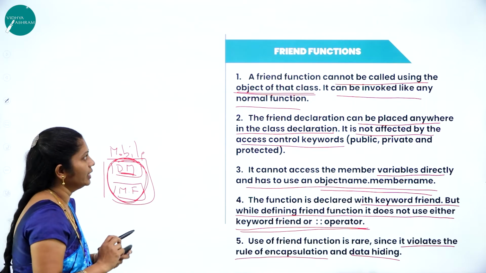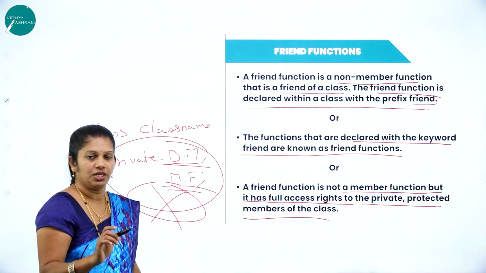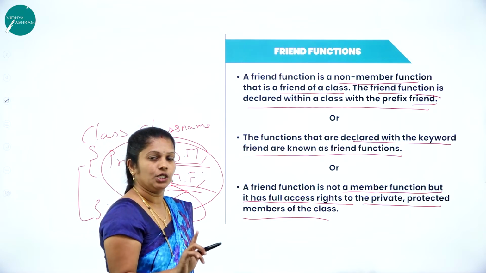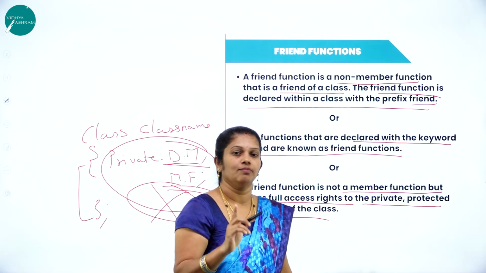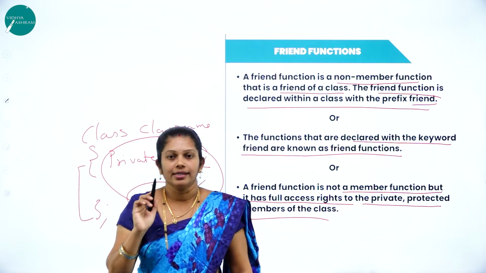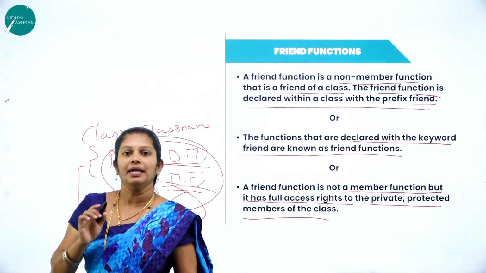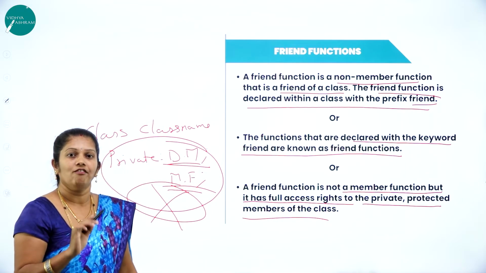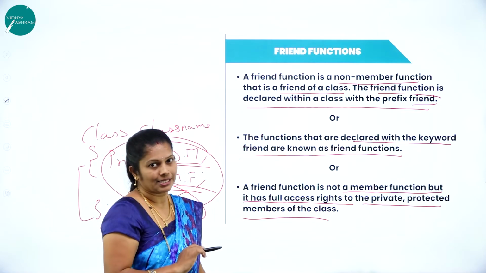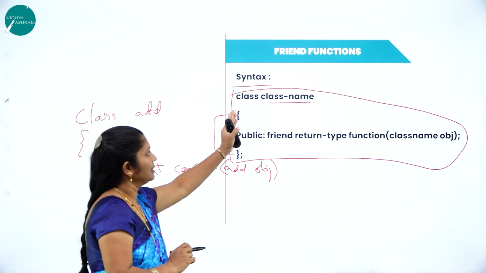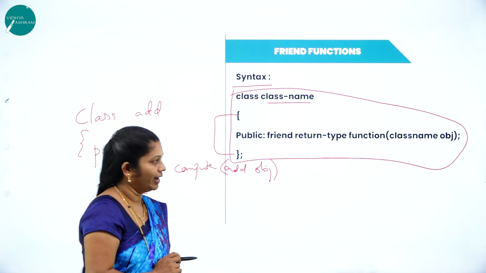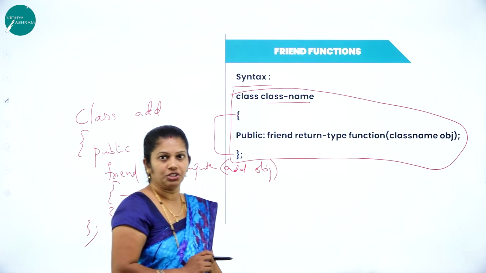Once again, I am going to recall this. Friend function is a non-member function. In the exam, if you get the question, what is friend function, then you have to write, it is a non-member function, but it can access private and protected data of a class. Then the syntax is compulsory. We have to use the keyword friend, then return type, then function name.